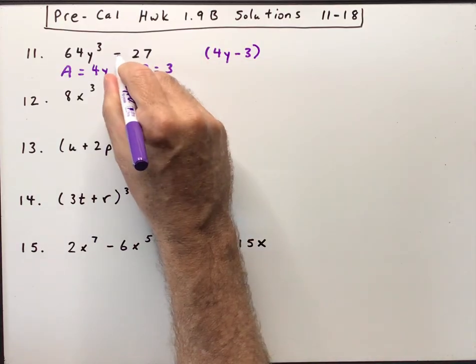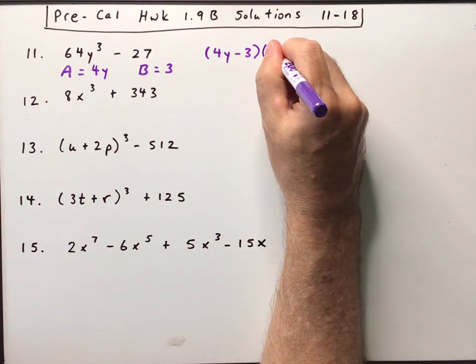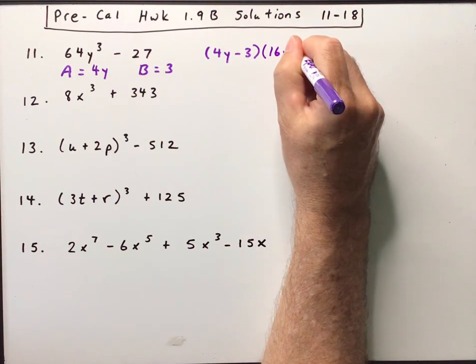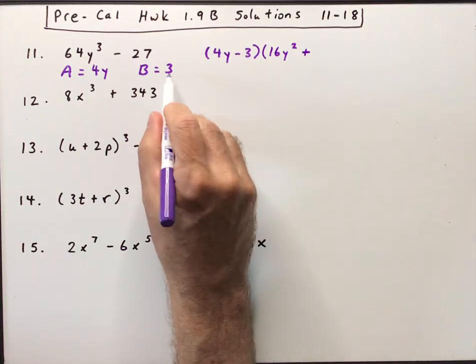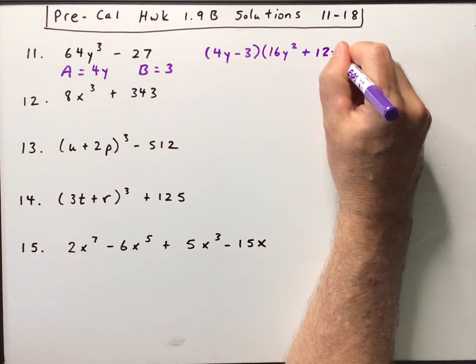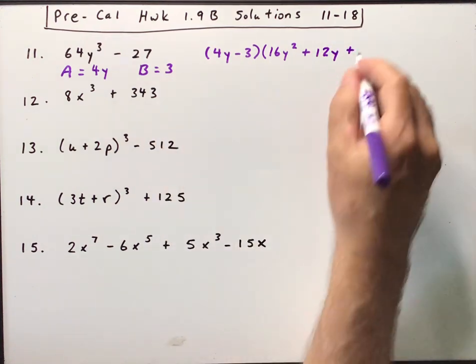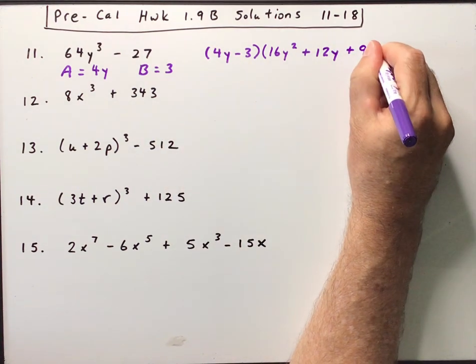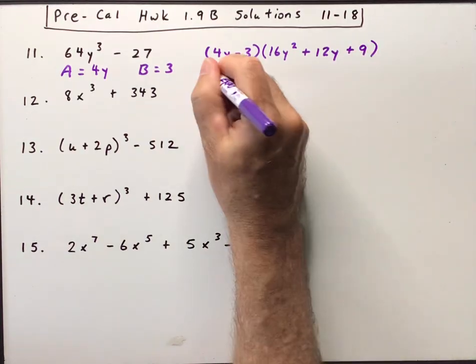First term is a minus, since it's a minus there, times a squared, that's going to be 16y squared, plus ab, so that's going to be 3 times 4y, that'd be 12y, and then plus b squared, so 3 squared is 9.